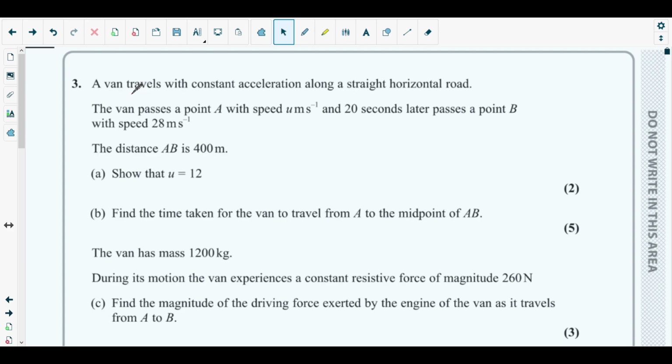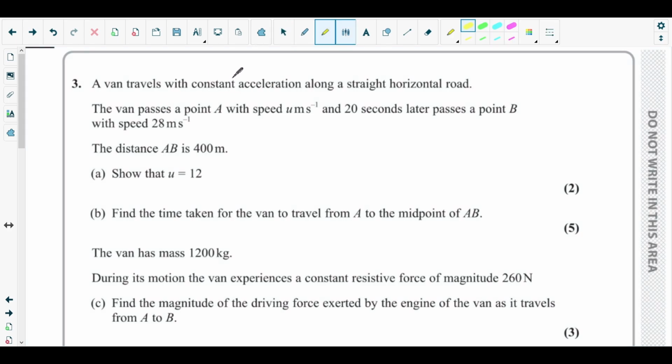And in part C, the last part of this question, you should have an idea about dynamics, which is discussed in chapter number 4 of your M1 textbook. So definitely you should have an idea about the concepts discussed in chapter 2 and chapter 4. Let's get started with question number 3.